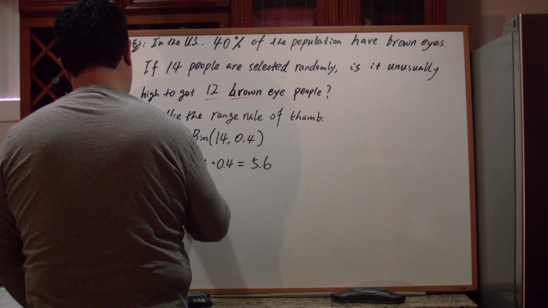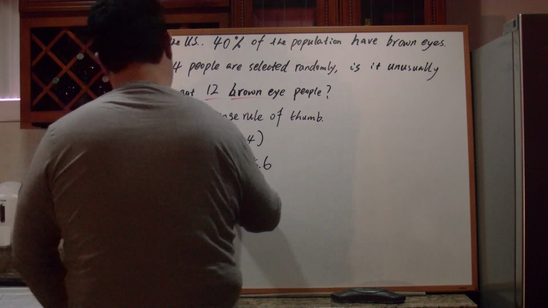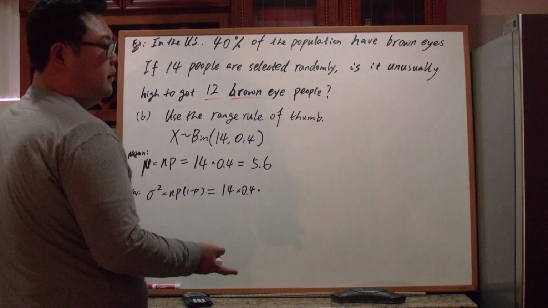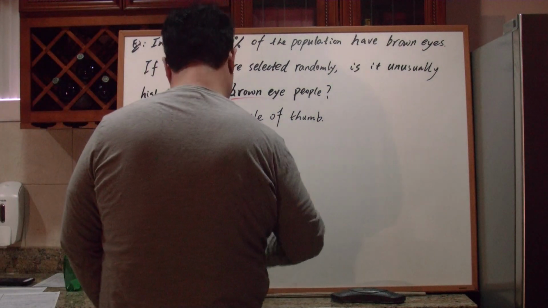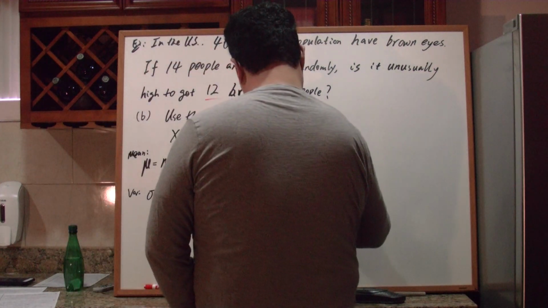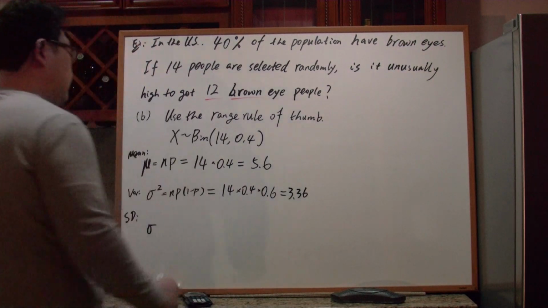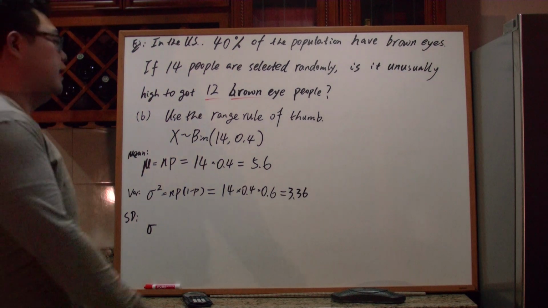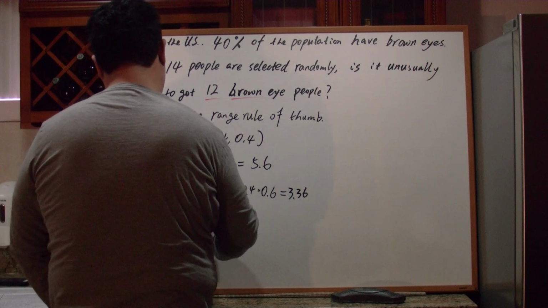Variance will be np times 1 minus p, 14 times 0.4 times 0.6, since 1 minus 0.4 is 0.6. Therefore, the standard deviation is the square root of the variance, which is the square root of 3.36.